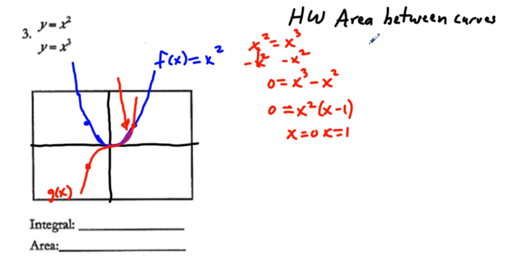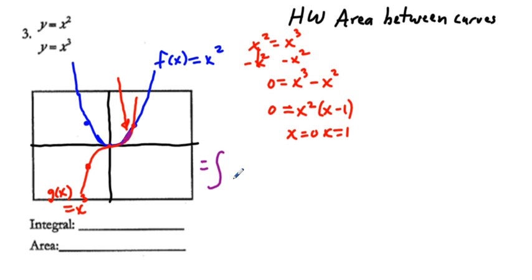And to work out what this is, we're going to have our area between the curves be the integral of the function on top, which is f of x equals x squared, minus the function on bottom, which is g of x equals x to the third power.